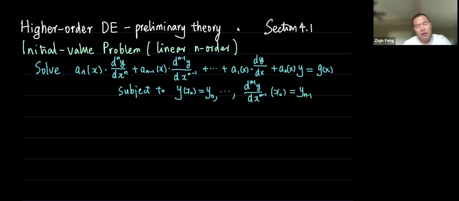So x0 is a number, and y0 all the way to y_(n-1) must be some numbers. This is our initial condition.